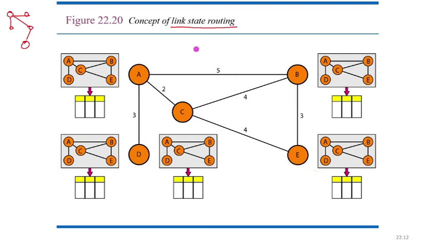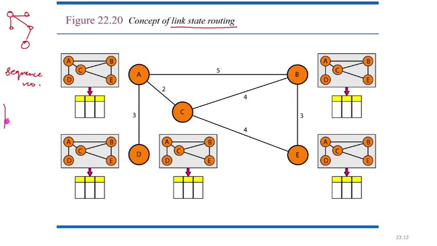Also, in link state routing, it will have the knowledge of a particular link in terms of different parameters, like there is also information that is called the sequence number.